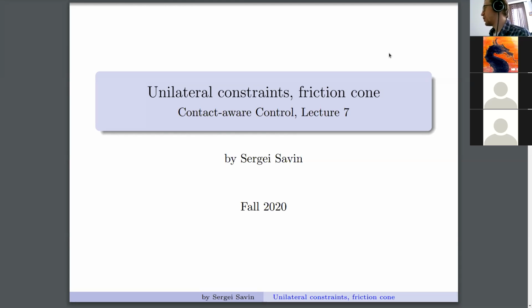So the tools were general, right? They didn't rely on specific properties of constraints, except that those tools didn't distinguish between a constraint preventing us from pushing through the wall and the wall pulling on us, preventing us from leaving.